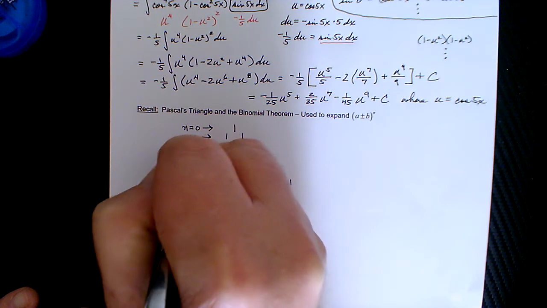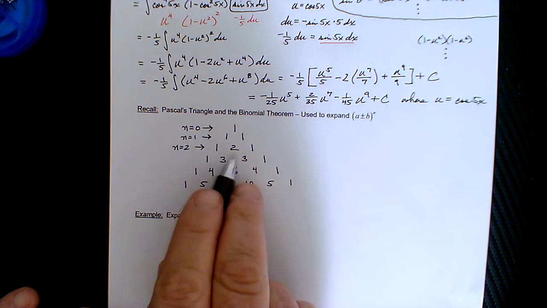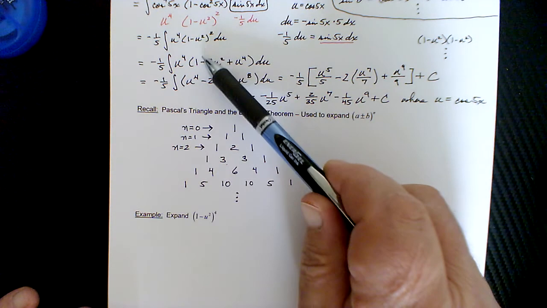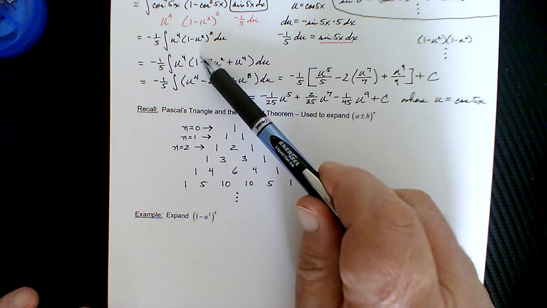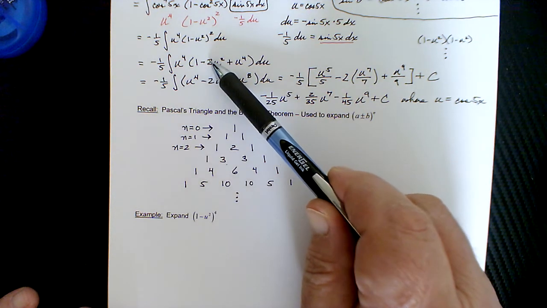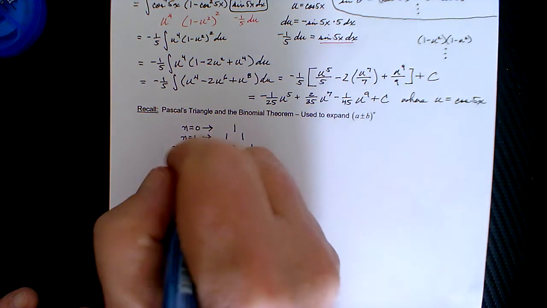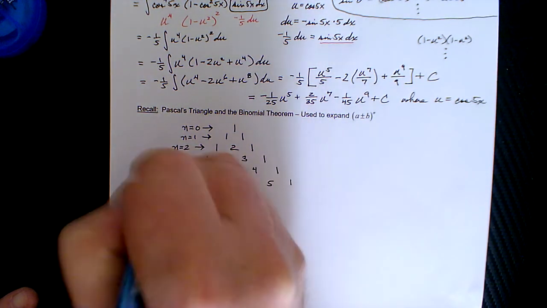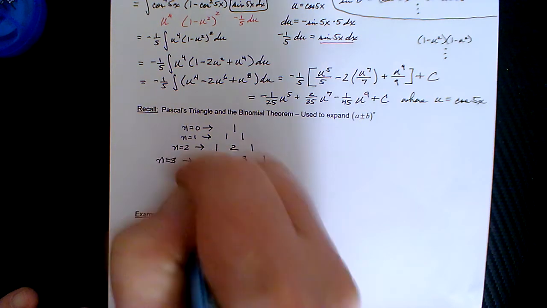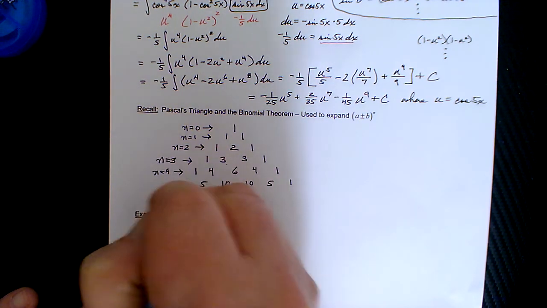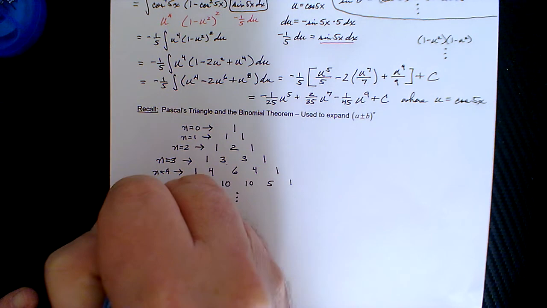N equals 2. Notice it's 1, 2, 1. And look back up here. When I expanded this with the shortcut method, that was the coefficients. 1, 2, and 1. So then n equals 3. And again, it's the second entry that tells you the power that you're raising the binomial to.